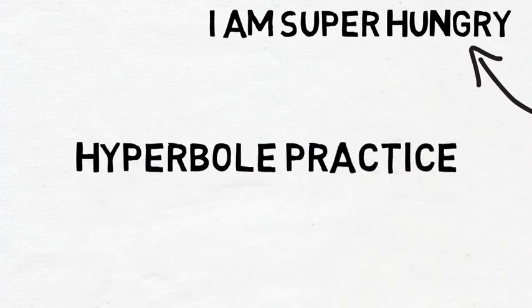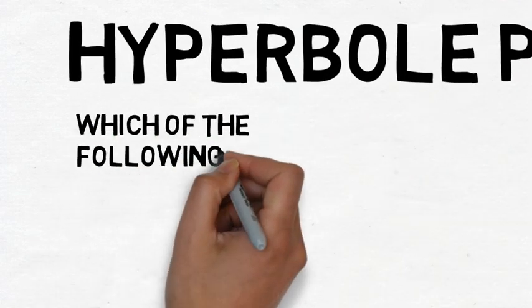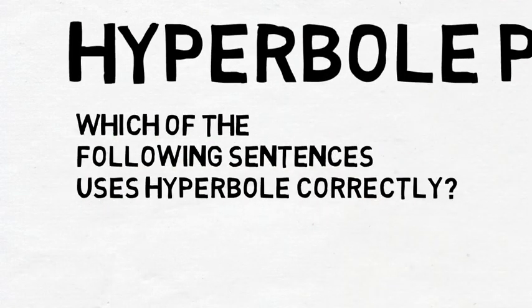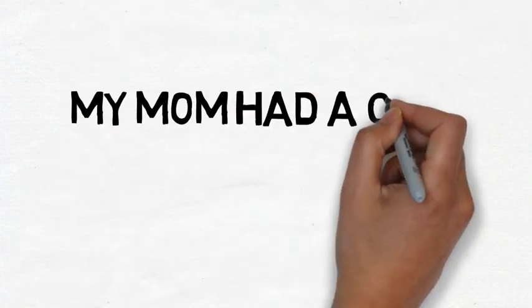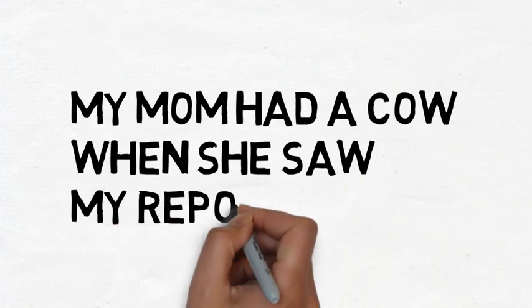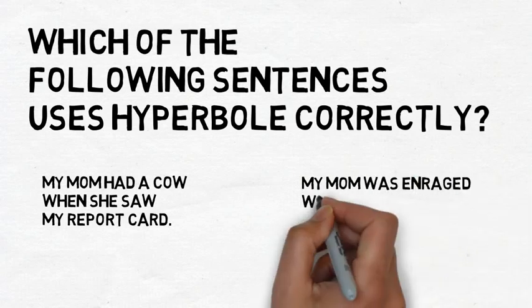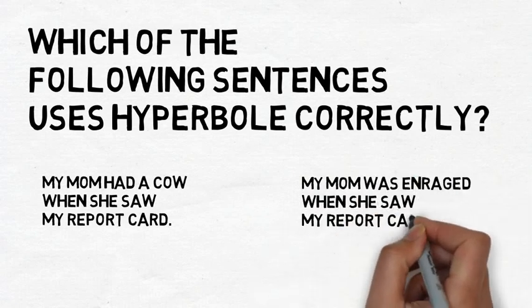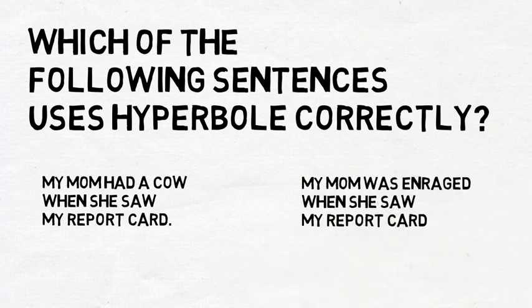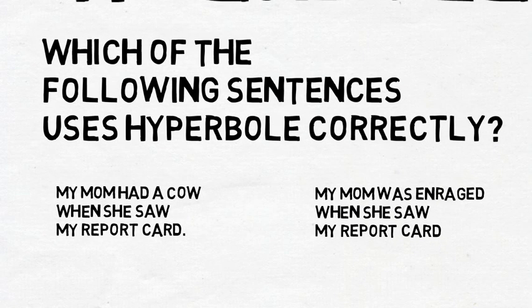Okay, let's go to hyperbole practice. Which of the following sentences use hyperbole correctly? My mom had a cow when she saw my report card. My mom was enraged when she saw my report card. Enraged. Which one? First one. My mom had a cow when she saw my report card.